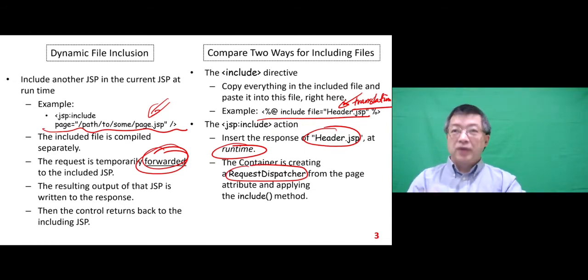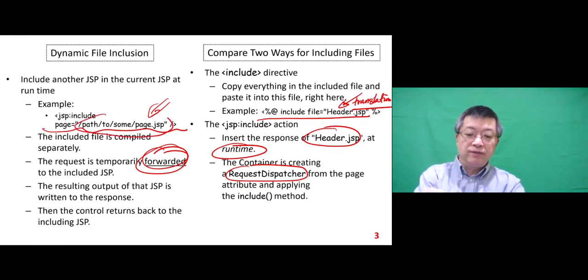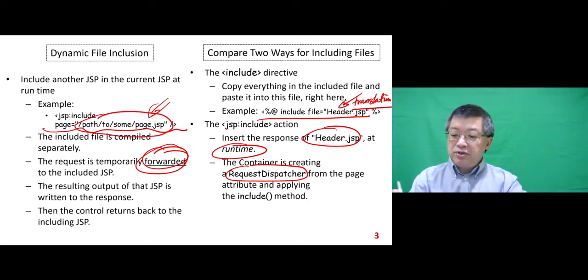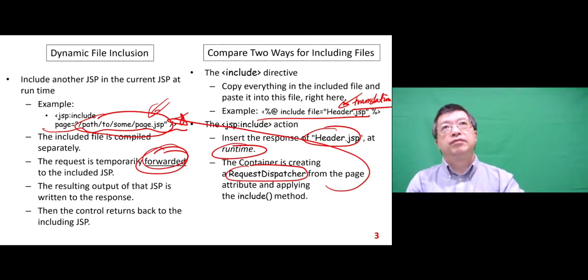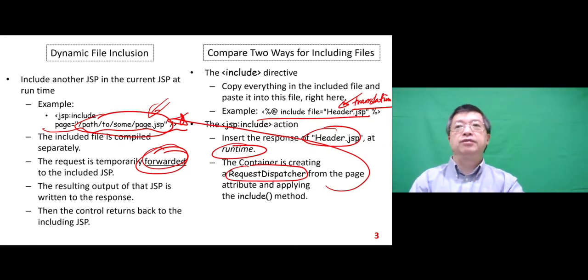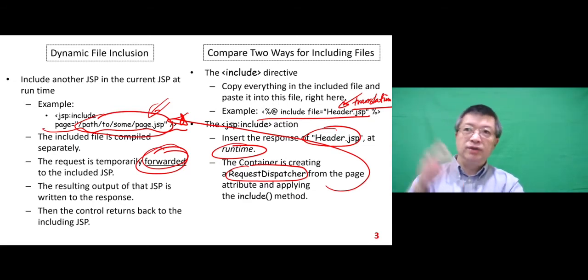The container uses this object with the page attribute, which points to this resource. Then you do the inclusion, and the output is put in place.